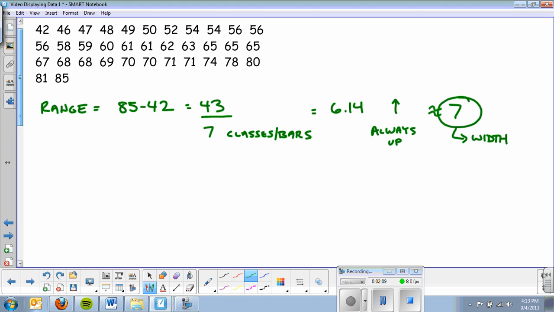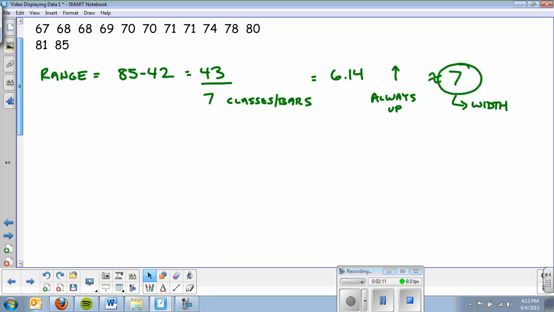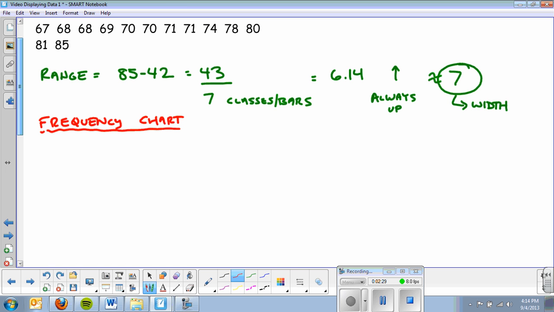So now I'm going to make my frequency chart. And it is a chart of the frequencies that go in each interval. Whoops. Frequency chart. Okay, and it basically goes like this.